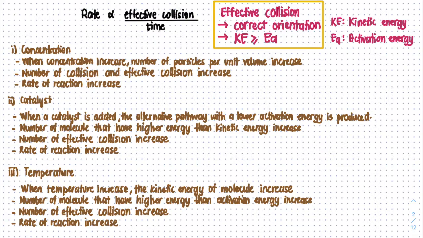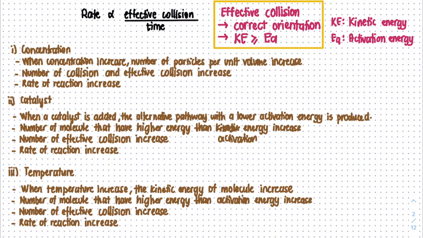Okay, next is your catalyst. Catalyst has a different explanation. When catalyst is added, an alternative pathway with a lower activation energy is produced. Hence, when the activation energy is lower, the number of molecules that have higher energy than activation energy will increase.